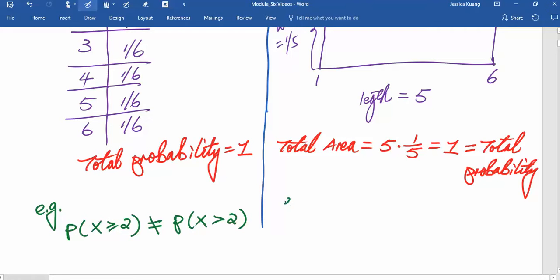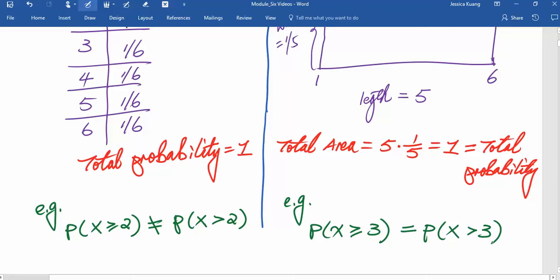But for continuous random variable, the probability of x greater than or equal to a particular value, let's say 3, always equals the probability of x strictly greater than the same value.